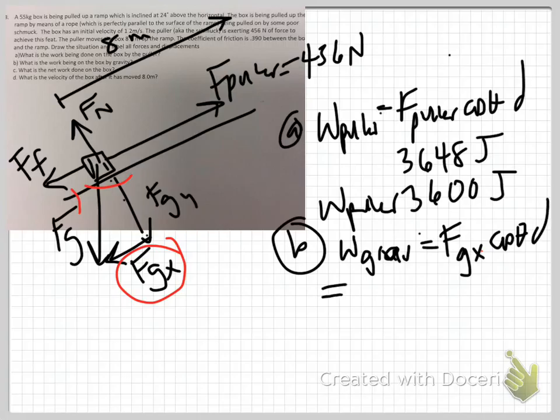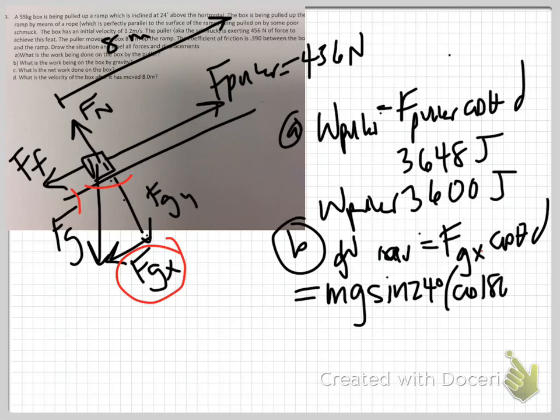So we end up with mass, gravity, sine of 24, and I'm just going to put that in there to keep it simple. The theta is 180, because gravity is exerting its force in the direction opposite that which the box is moving.